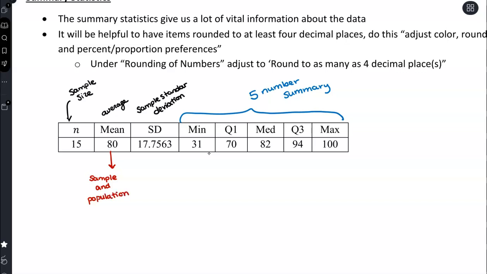The standard deviation does have different formulas for sample versus population. So this is specifically a sample standard deviation. So what I want us to think about is, what if we needed the population standard deviation? Sorry, stumbling on my words here.